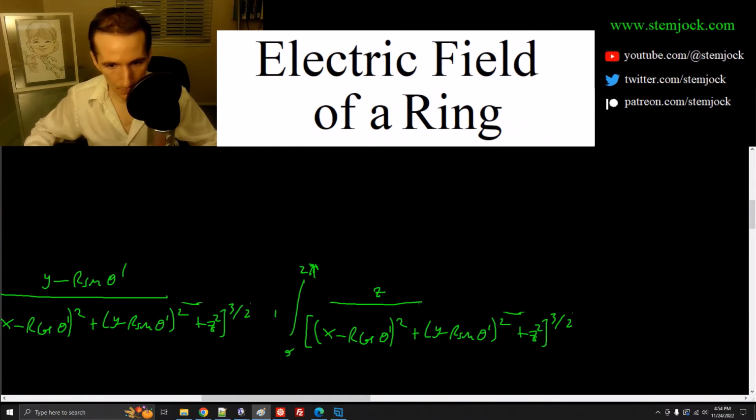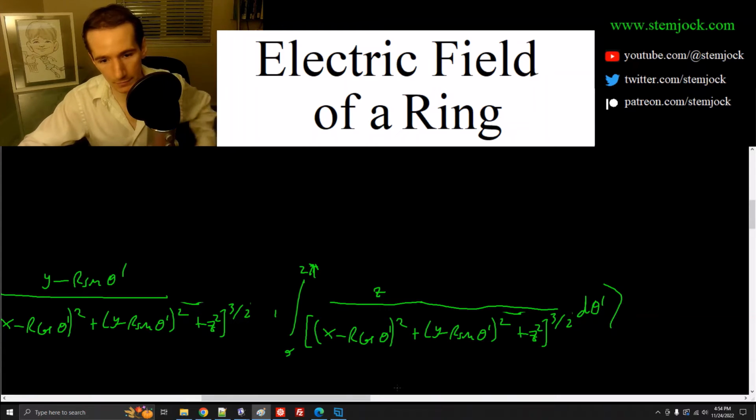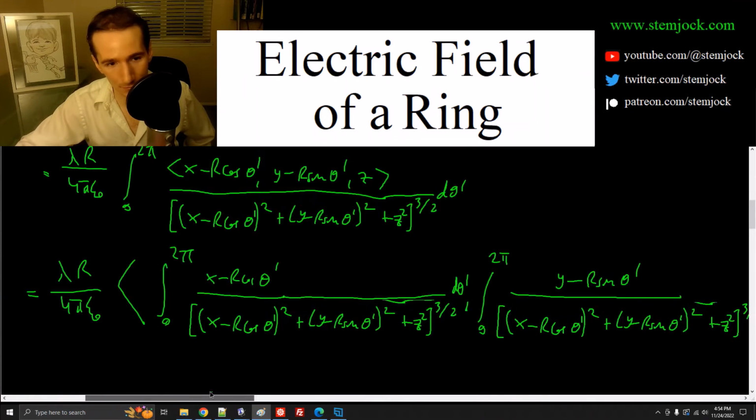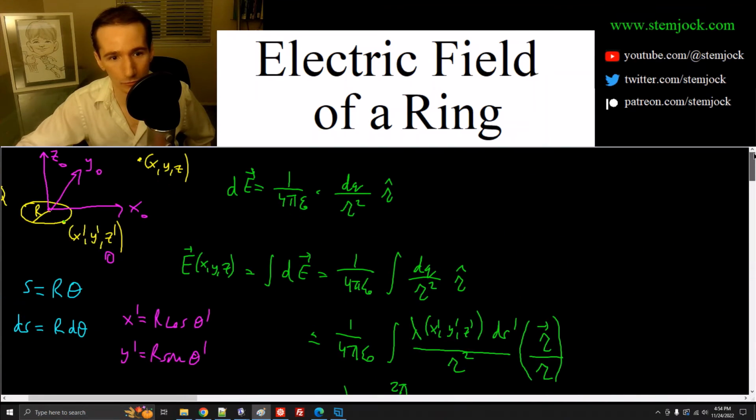Now, as you can see, these integrals here are particularly brutal. It would be necessary to use the methods of complex analysis to solve for them. And so what we do in introductory physics is we content ourselves with just finding the electric field on the axis of symmetry.